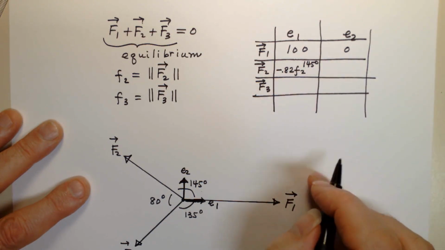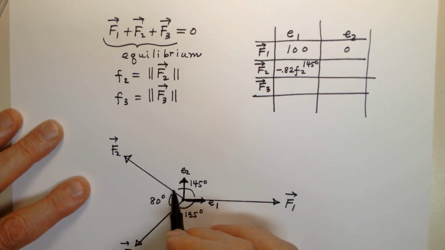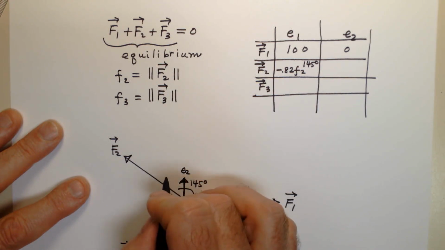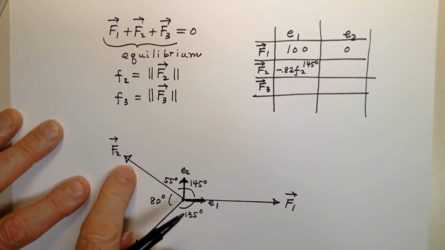Okay? Now the angle here, I have to get the angle that F2 is making with E2. And here we can see that it has to be this excess. We can get up to 90 degrees here. So to get all the way to 145 degrees means that there's an excess of 55 degrees here that takes me to F2.